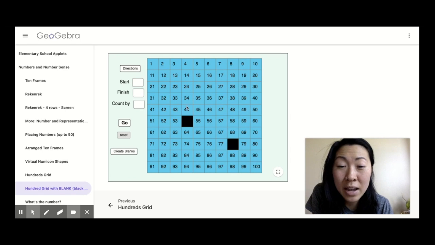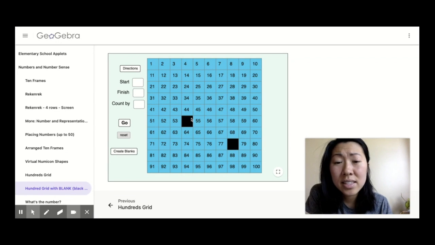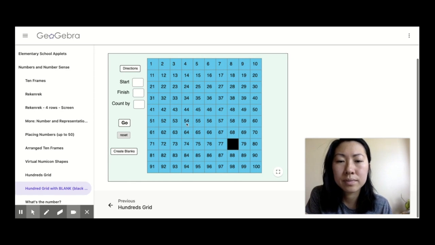Last time I counted to see how many tens I'm going to have. I can also look to see what row of tens I am in. I am in the 50s or 5 tens, so I know that this is going to have 4 in the ones place and 5 tens. So 5 tens and 4 is 54.